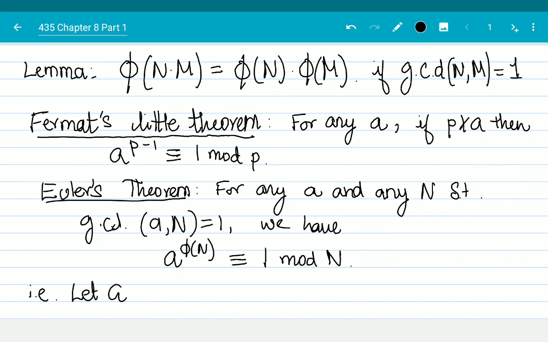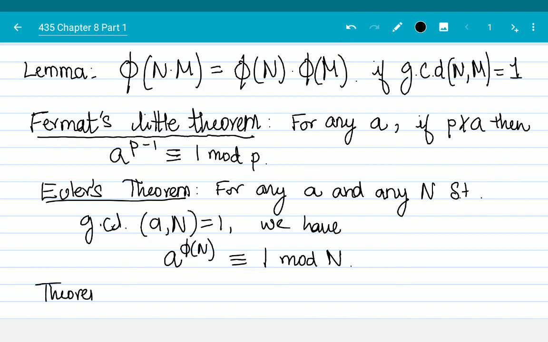Let G be a finite group. For group theory, there is a stronger theorem that I'm going to use.